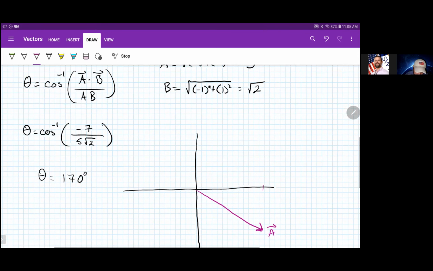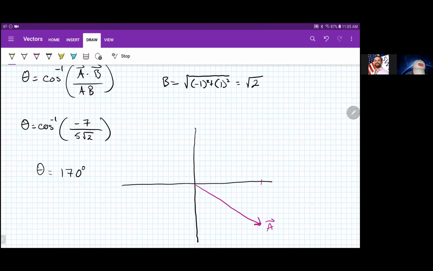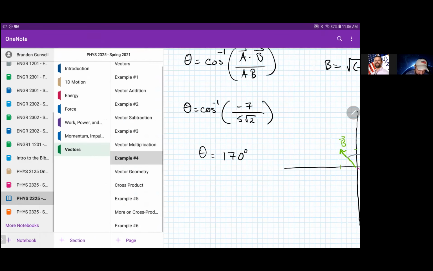So that's about right here. Let's draw it in green. That's 1, that's 1, so it's about right here. That's B. The angle theta is between those two, so it's going here. This is my angle theta, 172 degrees. So that's the dot product.